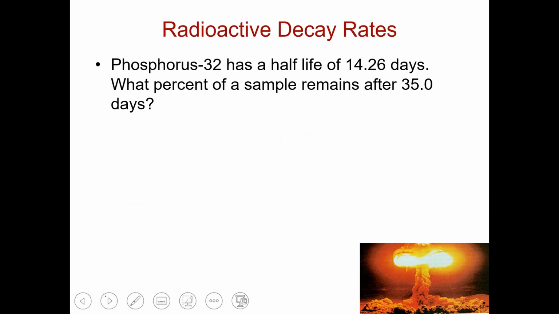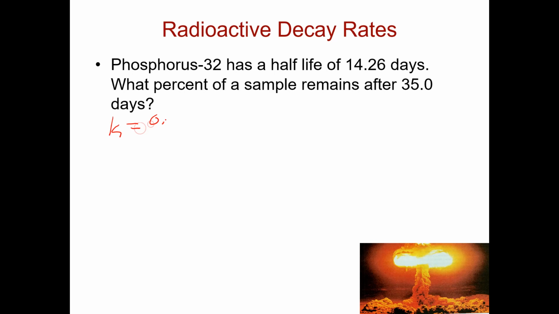Okay, let's take a look at another example here. Phosphorus 34 has a half-life of 14.26 days. What percent of the sample remains after 35 days? So again, I need to figure out my rate constant before I start trying to use the other equation.